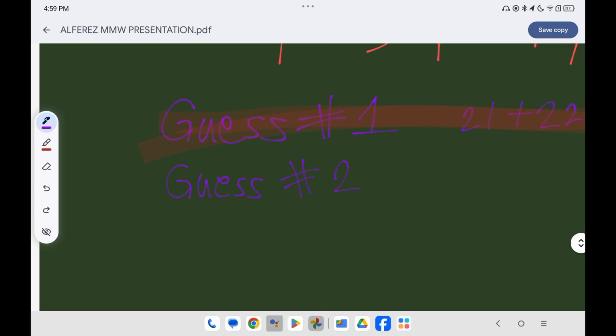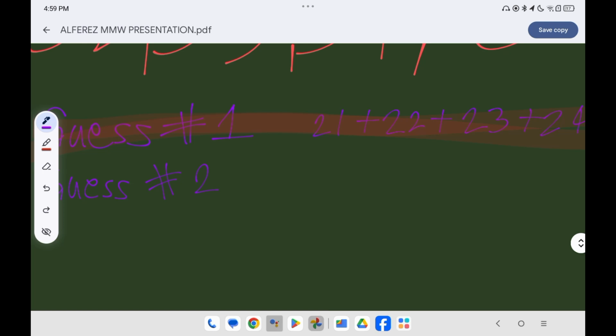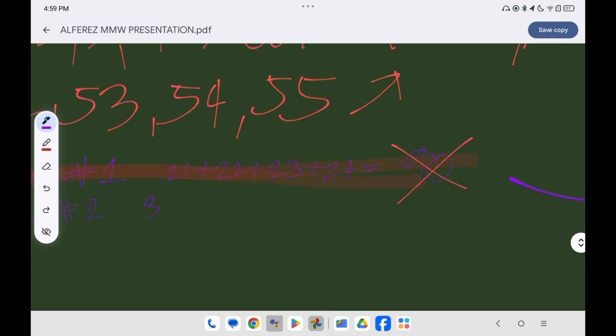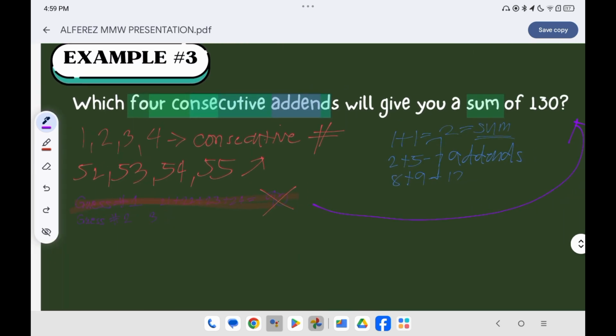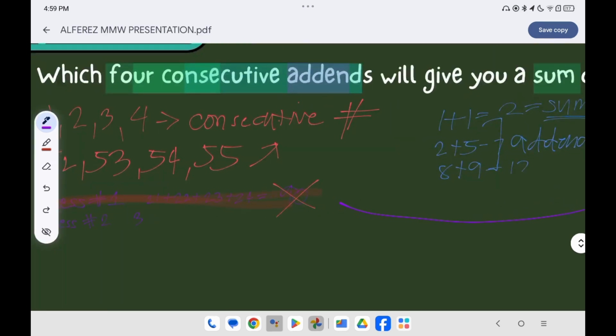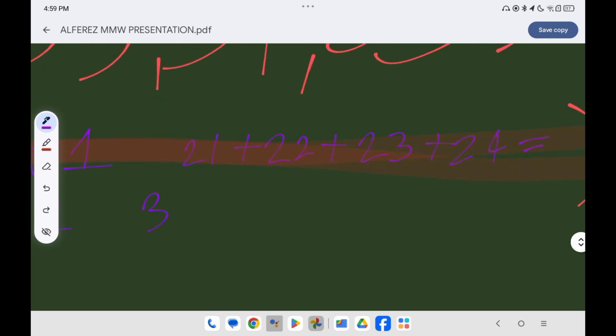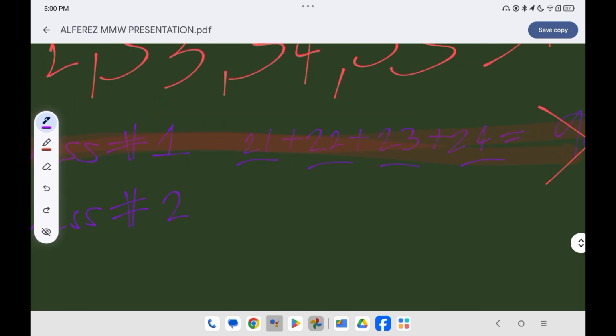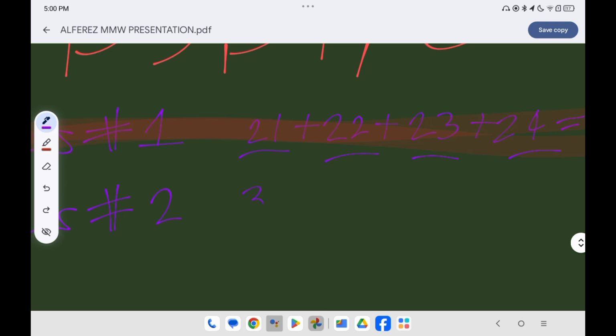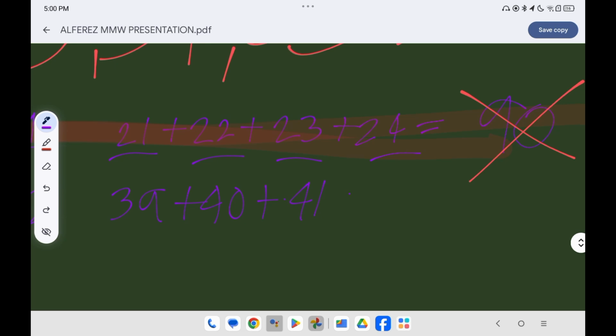How about we think of a number like 39, since the first one is lower than 130. Thus, we need to think of a number that is higher than 21, 22, 23, 24. For example, 39, 40, 41, 42.